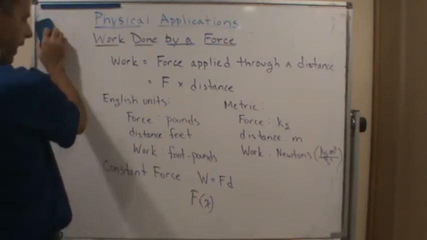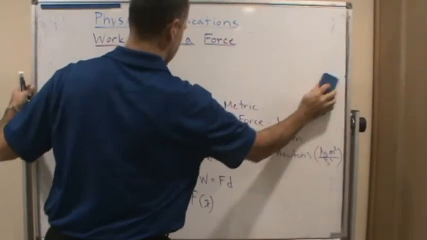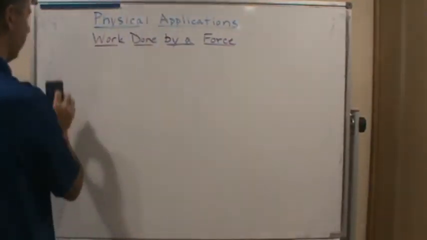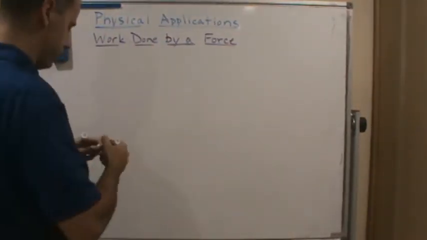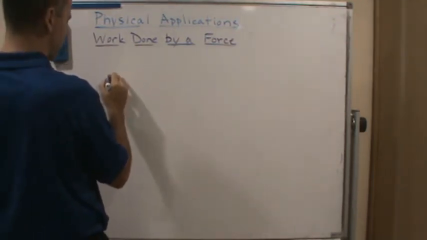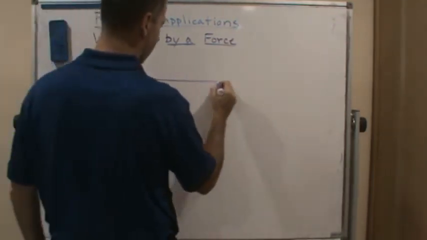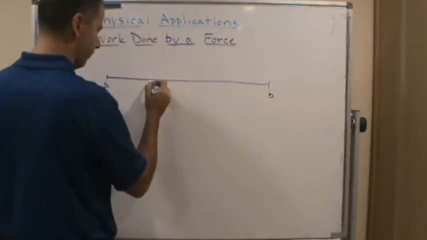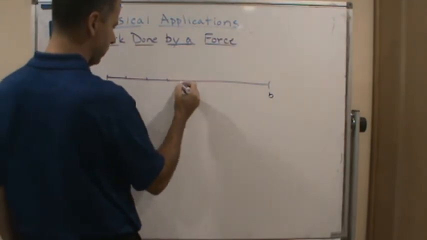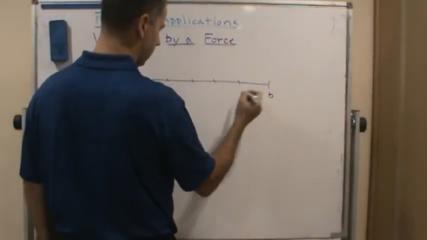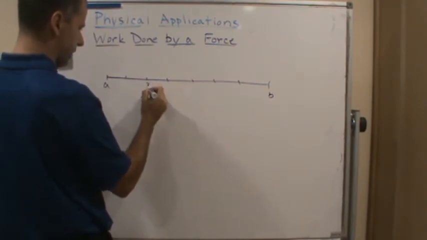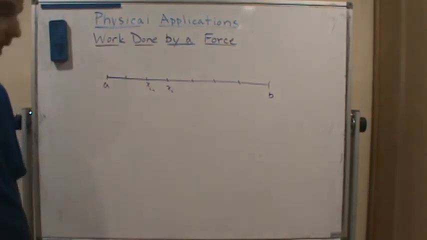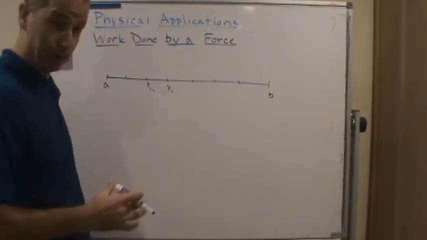So how are we going to do that? Well, let's talk about it. If I have a force, and let's say a distance from A to B, I'm going to subdivide it, and let's say x sub i minus 1 and x sub i. Again, old hat, you guys are familiar with this already. You see where I'm going.